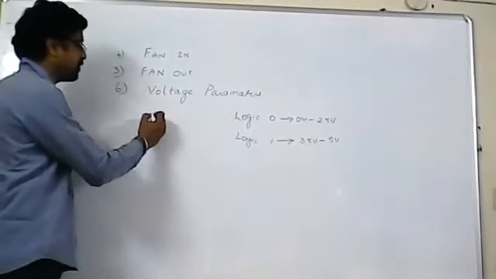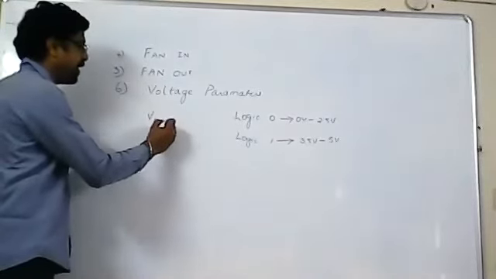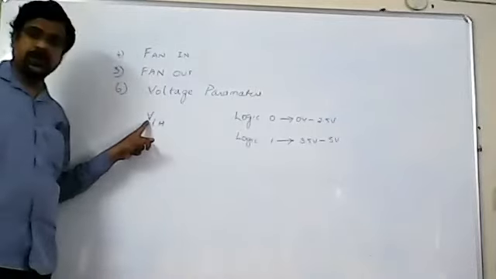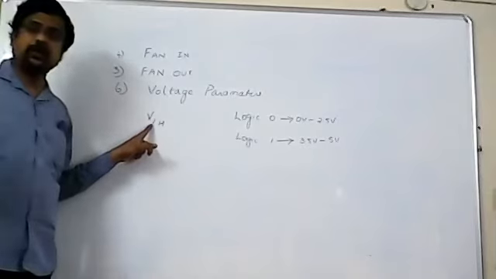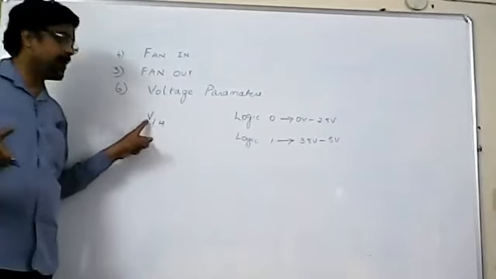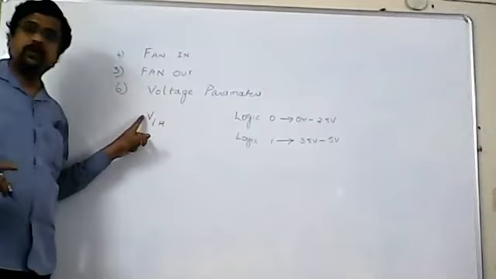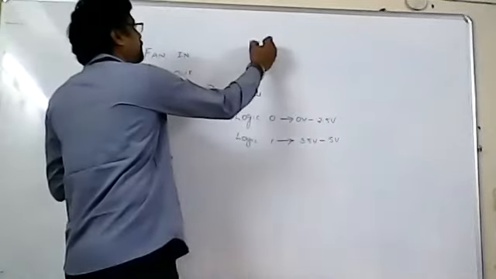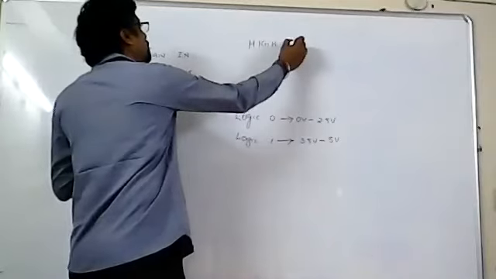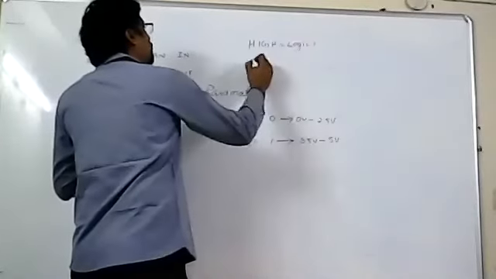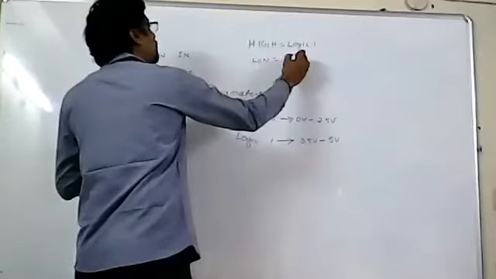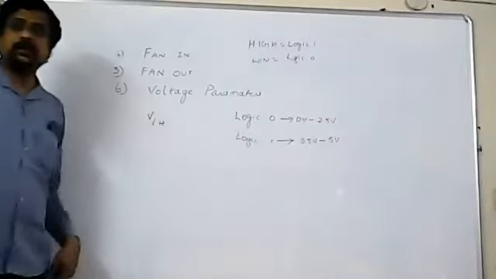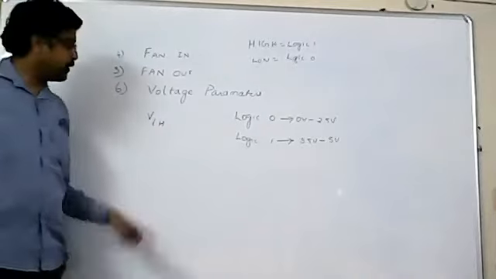Now, under voltage parameters, the first one is VIH. V means voltage, I means input, so VI means input voltage. H means high, and high means logic 1. Low means logic 0.